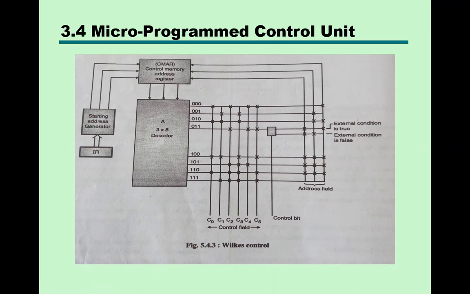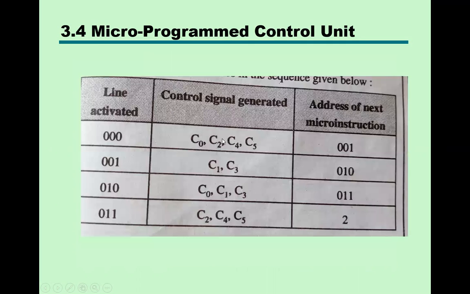So this cycle is repeated. Obviously this cycle will be repeated till the execution ends, right? The last instruction is reached. For example, here is the example. This line is activated, 000, because this is the address of the next micro instruction. This is the start address, that is, it starts from 000.